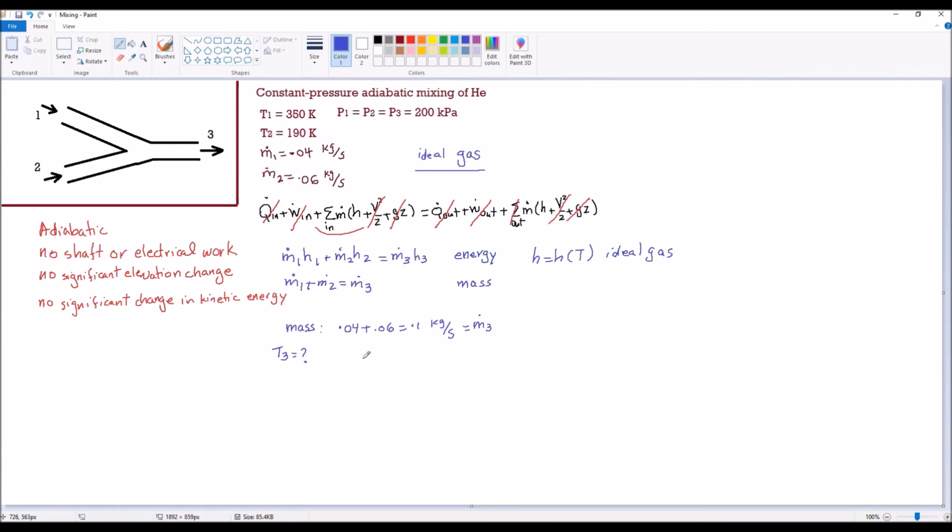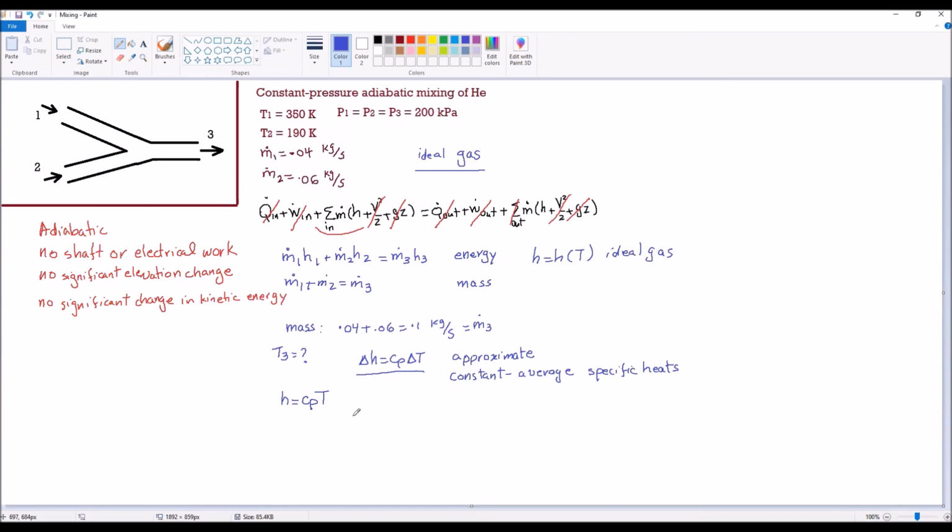We know that delta H is Cp delta T if we assume ideal gas and, as an approximate solution, use constant average specific heat. So for delta H, we can use Cp delta T, or assuming the reference is at 0 Kelvin, we can use H equals Cp T. Since we're using the same reference for all three enthalpies, we're going to be fine.